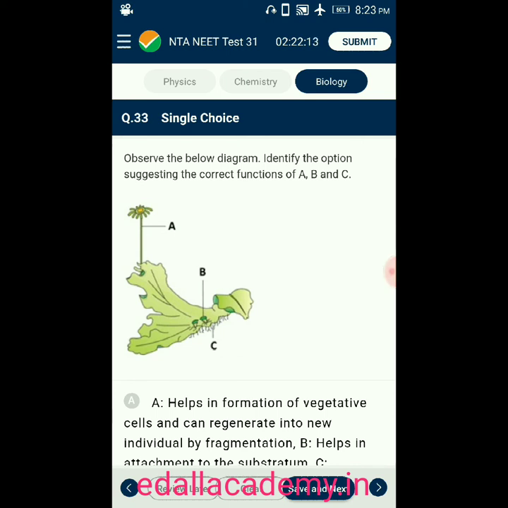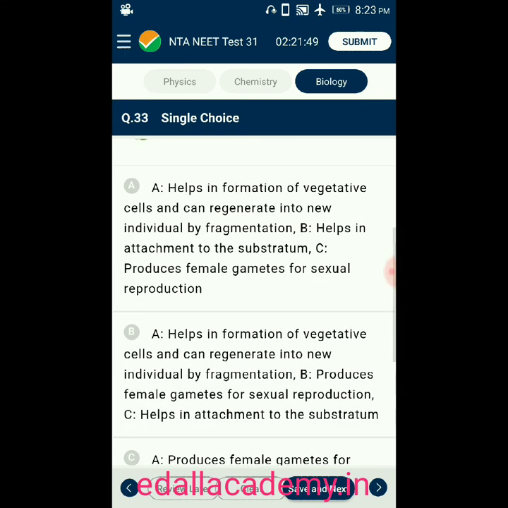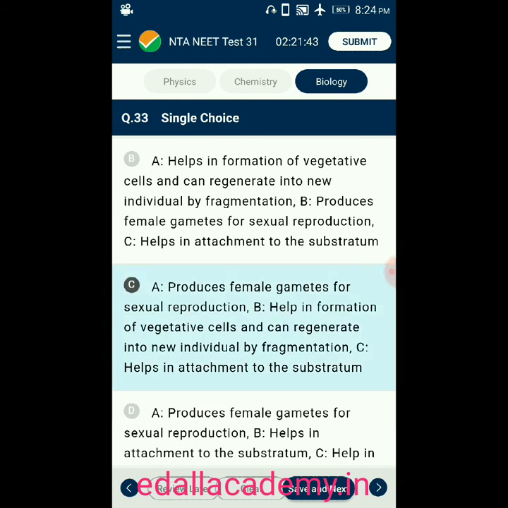B represents gemma cups, structures which contain vegetative cells. These cells help the liverwort reproduce by vegetative propagation by fragmentation. C represents rhizoids, root-like unicellular structures in liverworts which help in attachment to the substratum and also help to absorb water and minerals. So the answer for this question is option C.